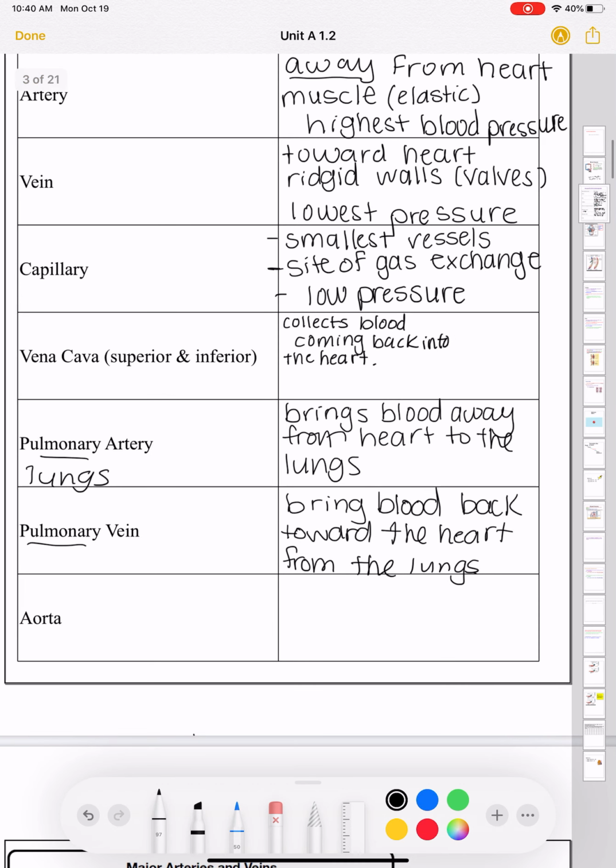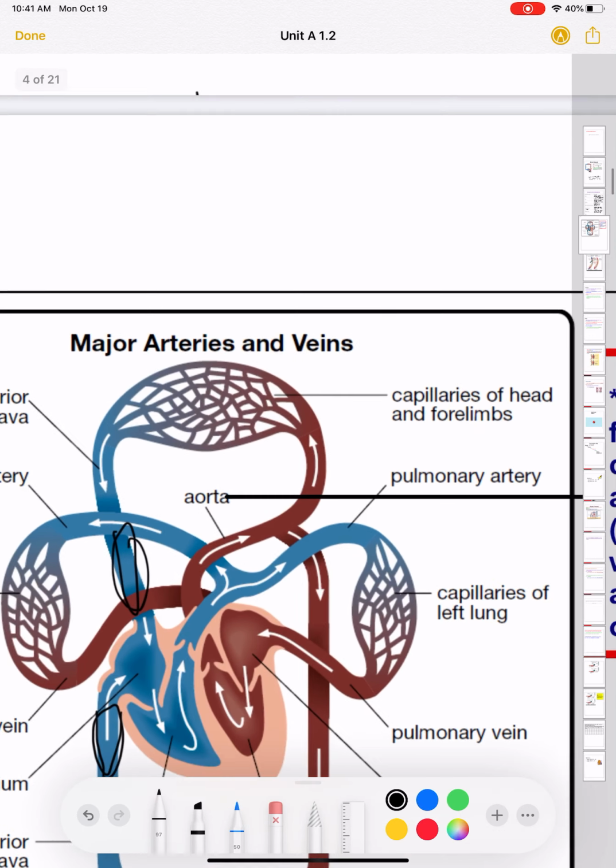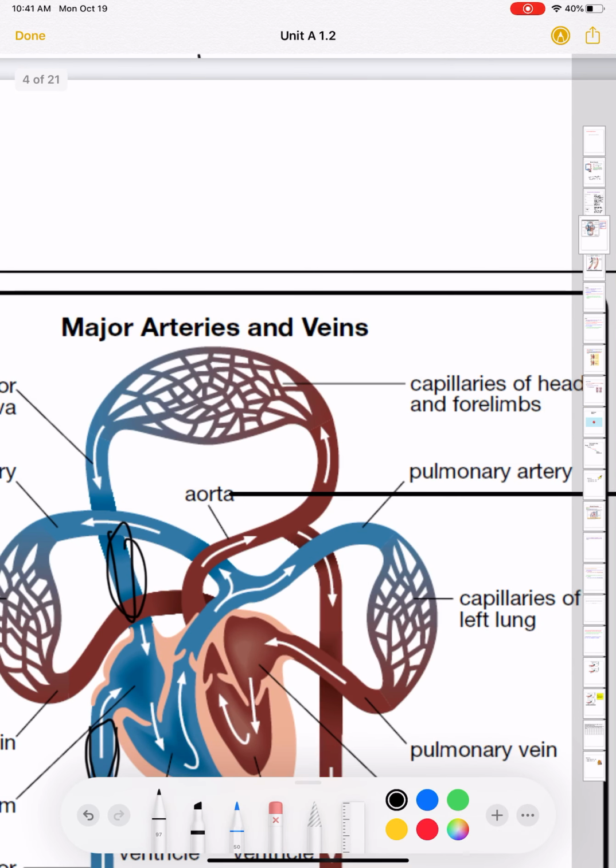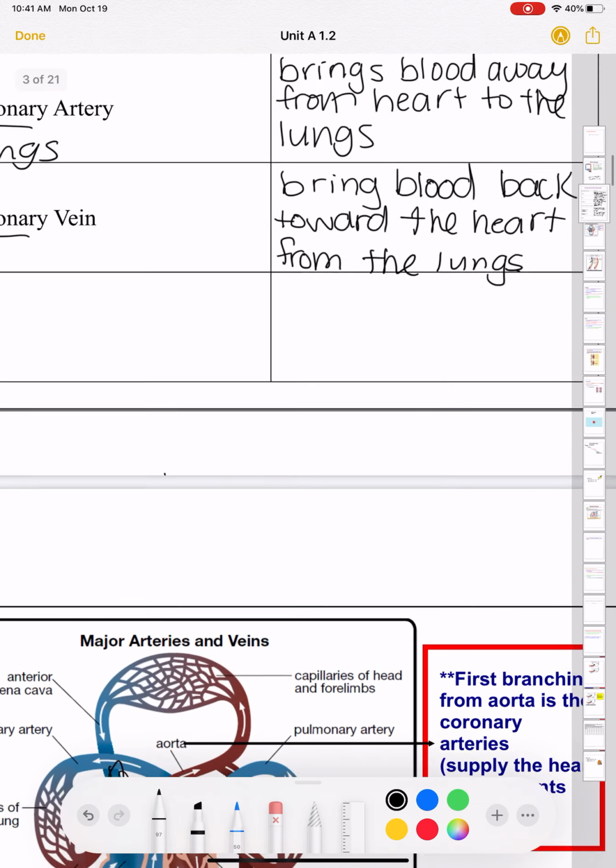And then the aorta, that is the very top of the heart. So if I go back to this picture, the aorta is these two vessels coming out of the heart right at the top.